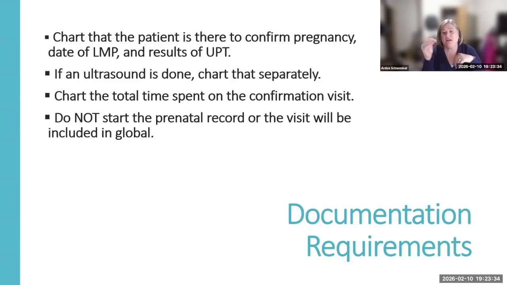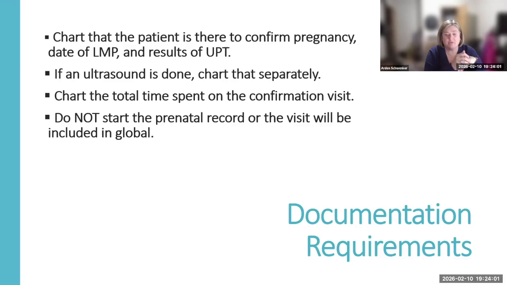And you can do HCG instead of a urine pregnancy test. That part doesn't matter. What matters is how it's charted. It has to be charted as an exam and not as in the prenatal flow sheet. If a patient comes in with an ultrasound from an outside source to establish care, then you're starting the prenatal record.